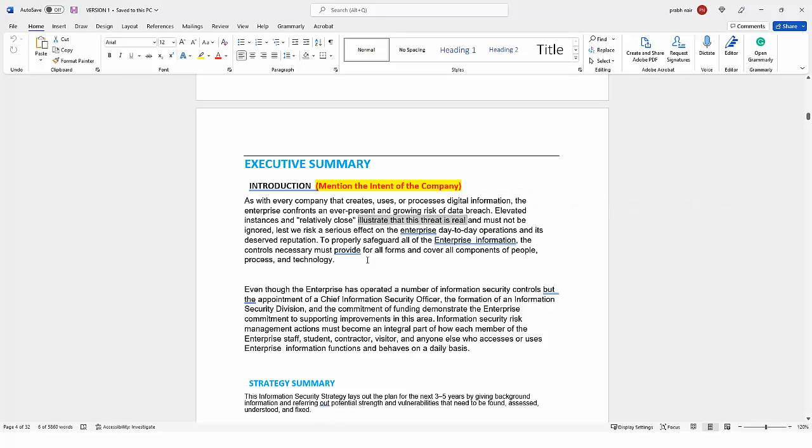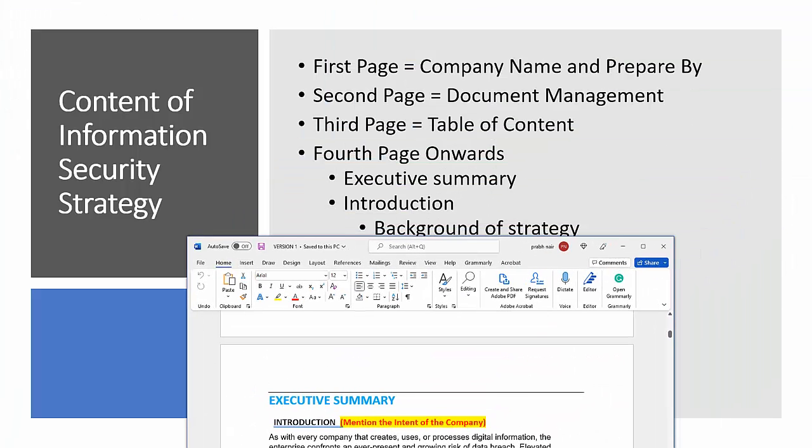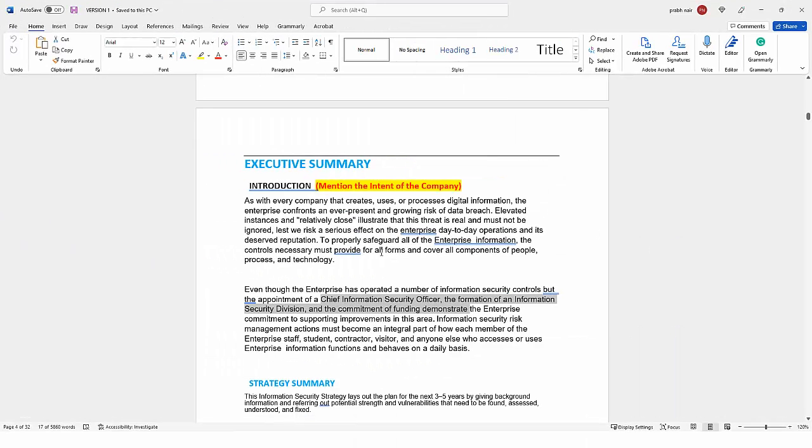Okay, enterprise information controls are necessary, even though enterprises operate a number of information security controls, but the appointment of a CISO. So we're giving an intention, like we need security, we need to appoint a CISO. So that is basically part of the introduction, which is called the executive summary. This is the point. Okay, so the executive summary gives the high level idea that we are introducing security and what is the purpose of introducing information security.